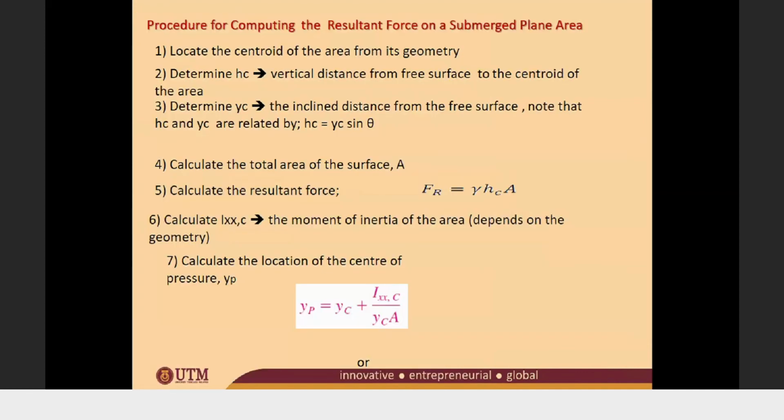Okay, so to conclude, in order to find the force on the submerged surface, submerged plane, the first thing you must locate is the centroid of the area.